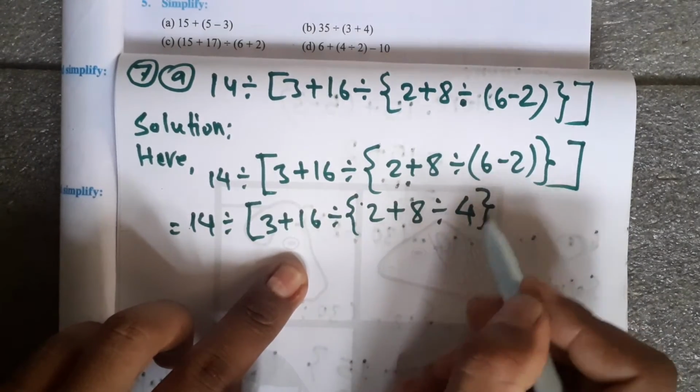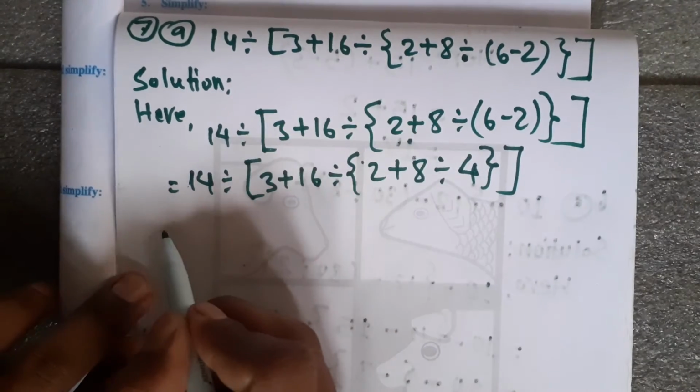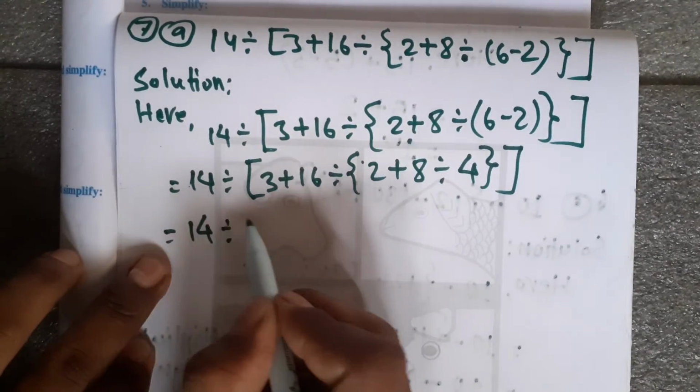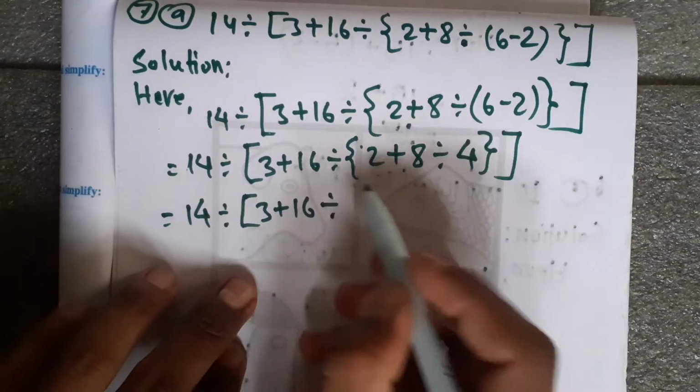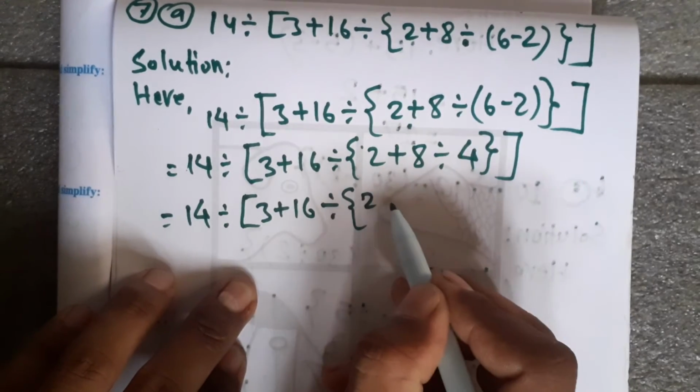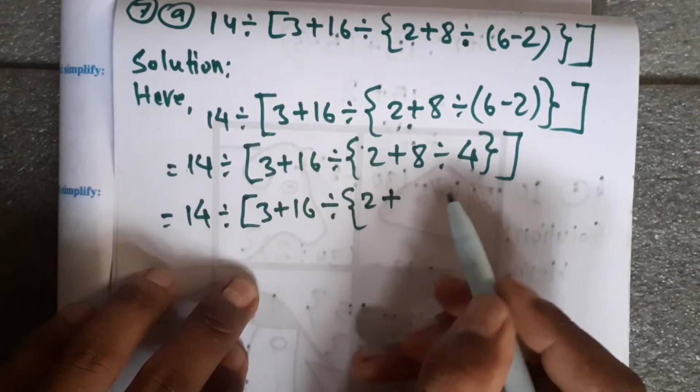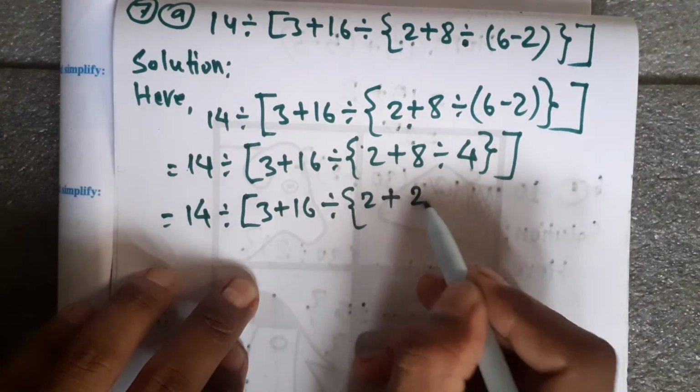First you have to do the small bracket: 6 minus 2 will be 4, isn't it? So it equals 14 divided by [3 plus 16 divided by {2 plus 8 divided by 4}]. 8 divided by 4 will be 2.